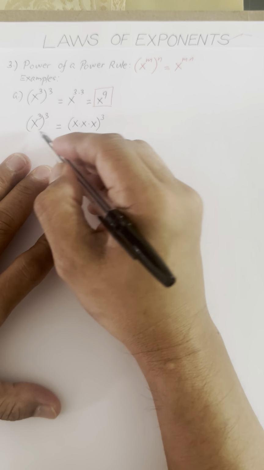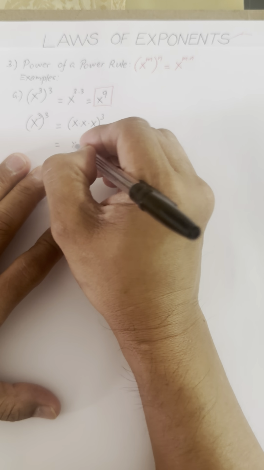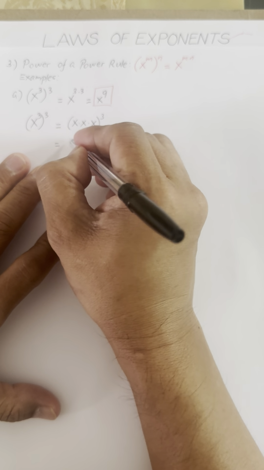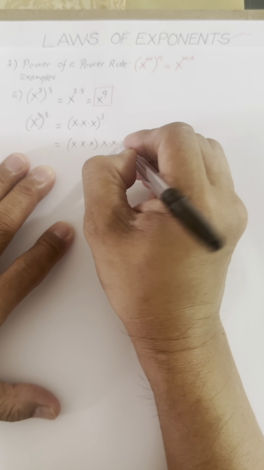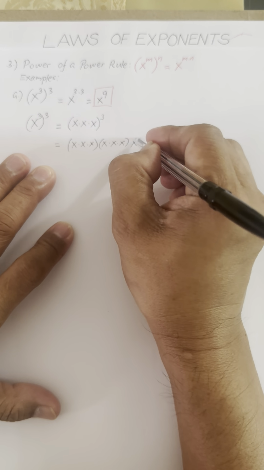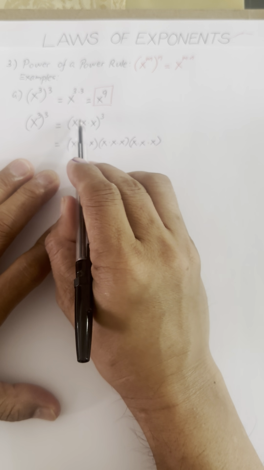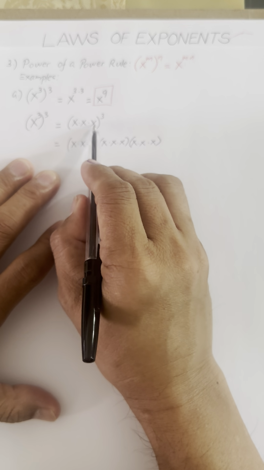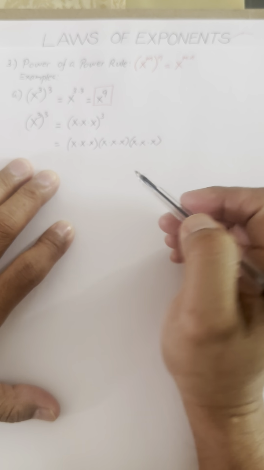Applying the concept again, we can rewrite this as x times x times x, and then there are 3 of them. So x times x times x, and x times x times x. We have 3 x's in the quantity, then raised to power 3. It means that there are 3 of them.